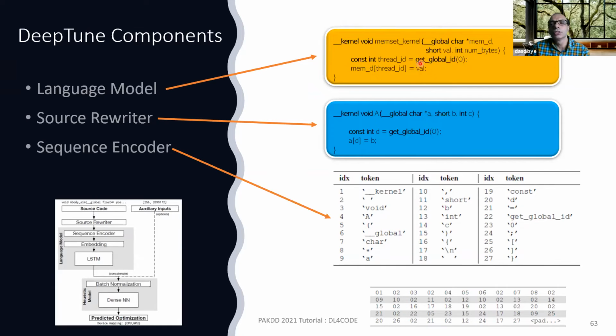Once you see this kernel, you use the source rewriter to normalize it in a certain way. Let's say the name of the memset kernel is not very important. The exact names of your parameters are not very important. So these names are replaced by characters like a, b, c, etc., and the variable names are also changed, so that the main thing you are focusing on is the semantics of your code and how the code is written, instead of variable names.